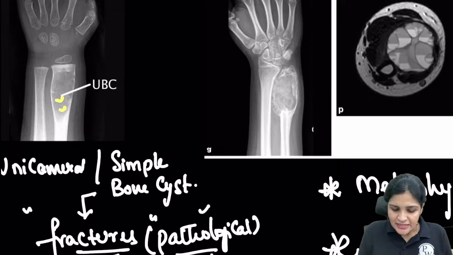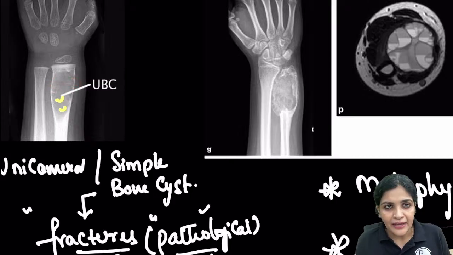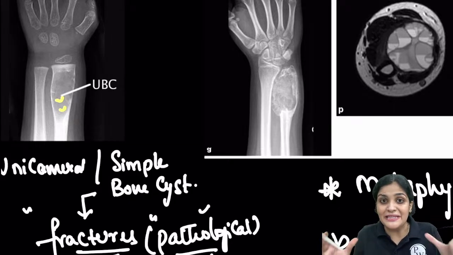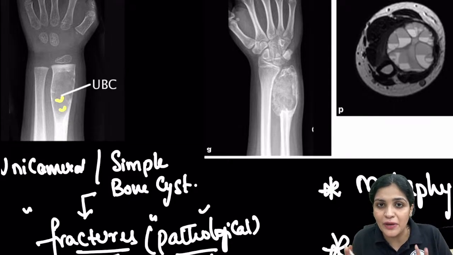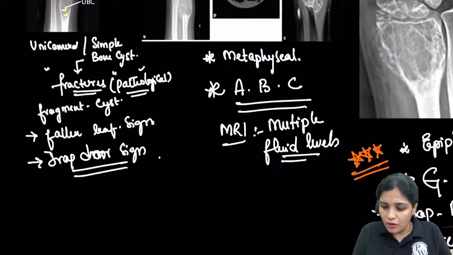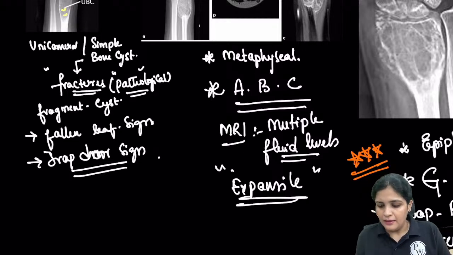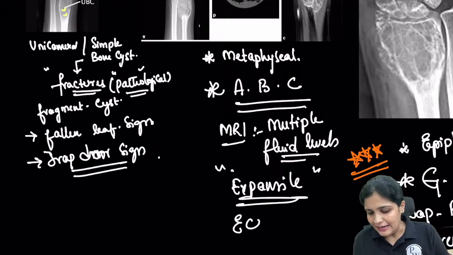So I'll tell you this. If you see the simple bone cyst, you see the expansion of it. It is within the bone. But can you see this one? It has come out of the cortex, right? It is expansile. So this word expansile is very, very important whenever you want to talk about your eccentric and expansile.